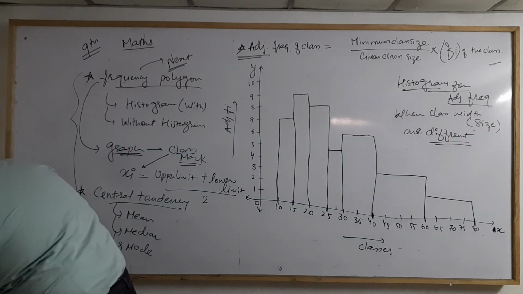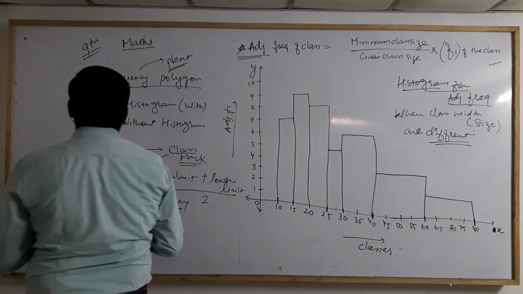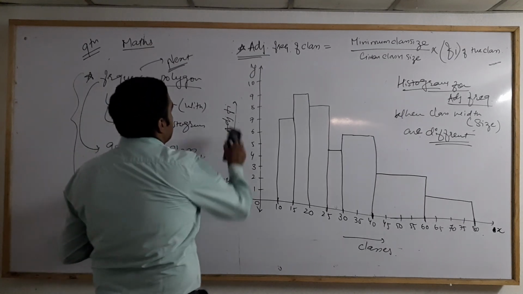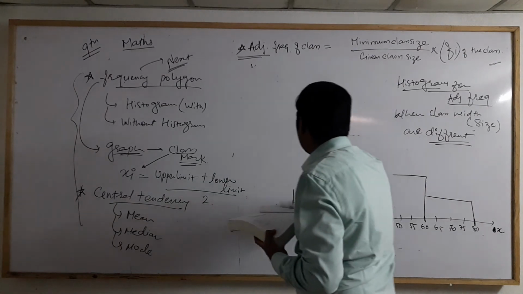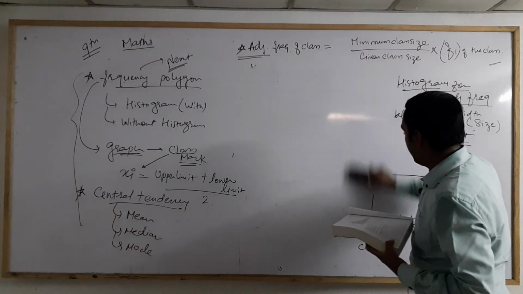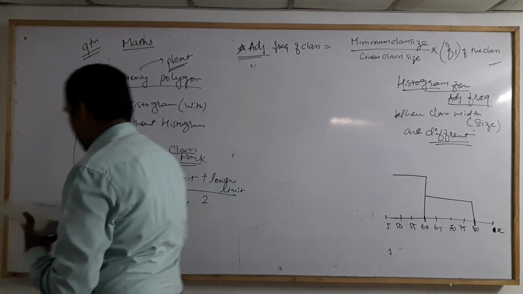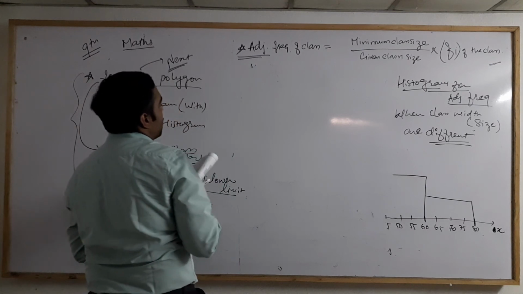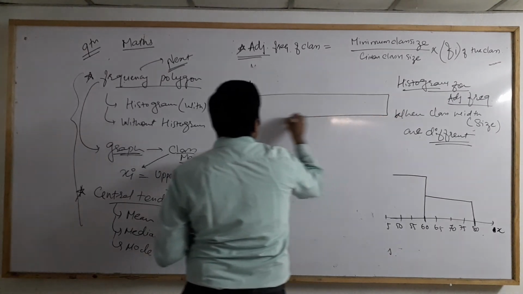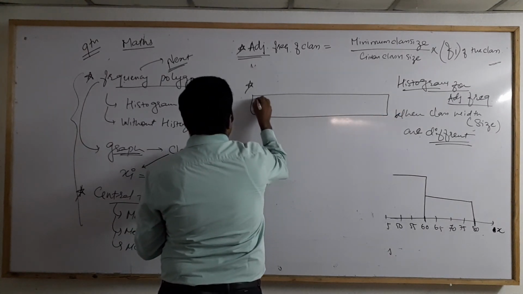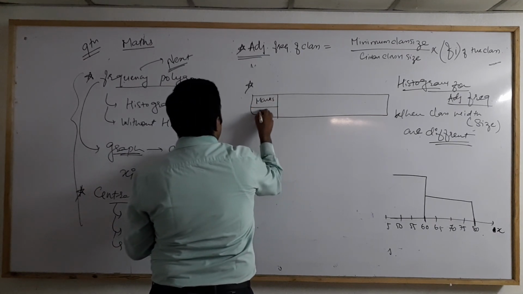Okay, so write the question and draw that histogram using adjustable frequency. My question is marks and frequency.